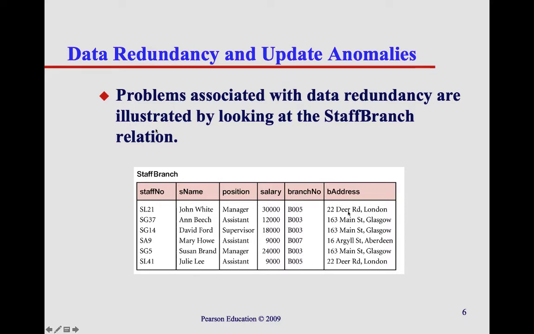And what we're really doing here is conflating two entities, staff and branch. And I will tell you in advance that ER diagrams should allow you to avoid this situation. The point of ER diagrams is that you identify the entities and separate them.